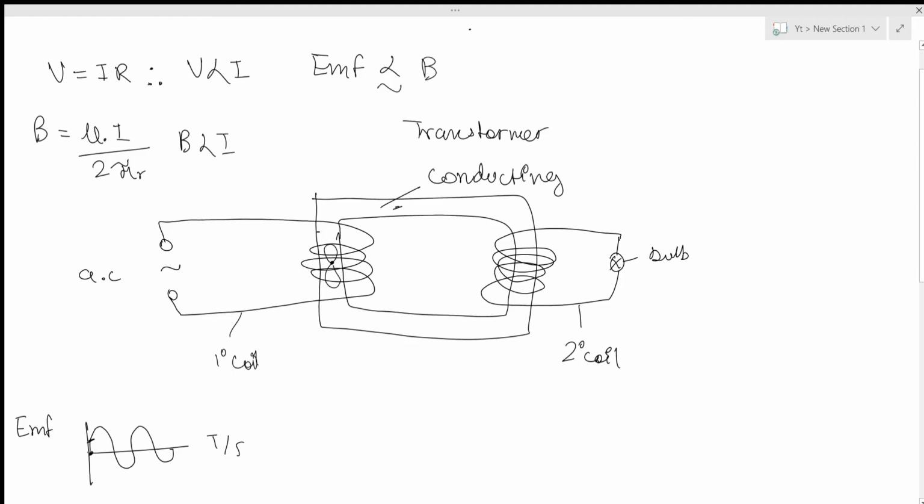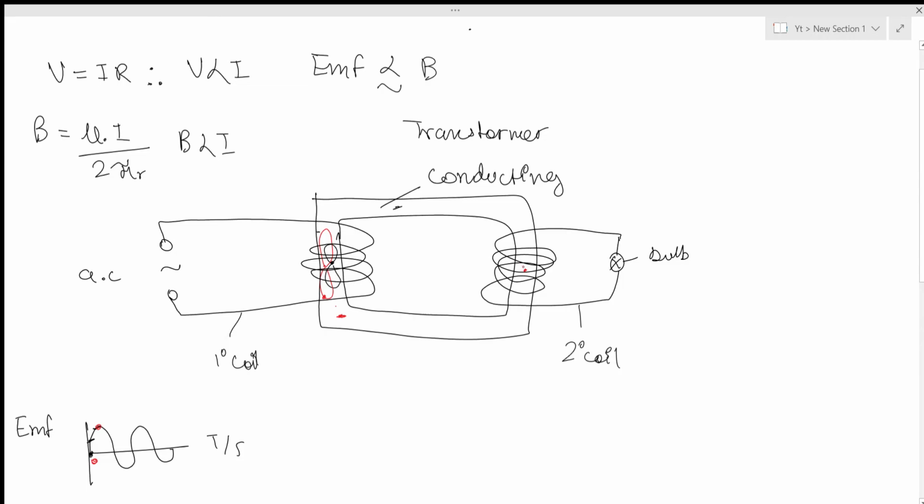And from this point to this point, I'll use a different color for this, it would again increase from nothing to this much. So when it does that, this magnetic field strength is temporarily induced onto this material. And when this material gains this temporary magnetism, it also has that effect here.